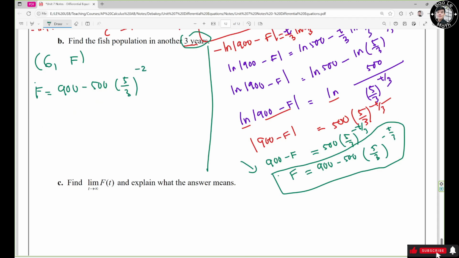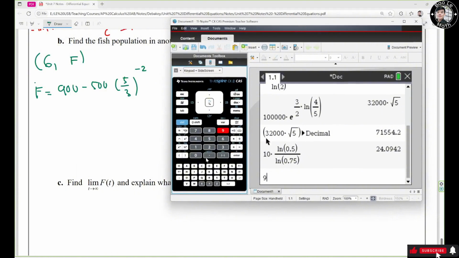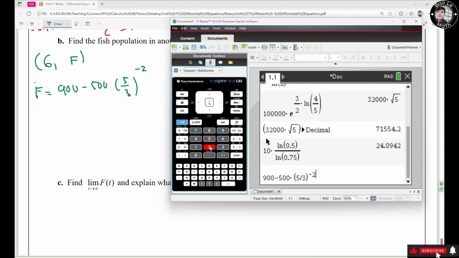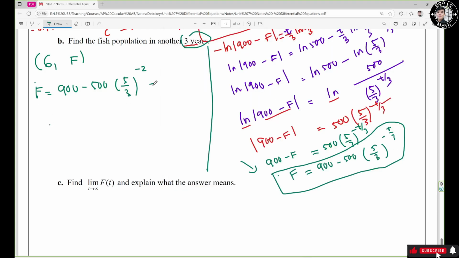You can hit the calculator. It's going to be 900 subtract 500 times parenthesis 5 over 3 close parenthesis raised to the negative 2. Hit enter. The answer is 720.